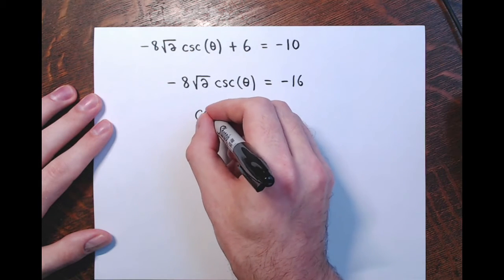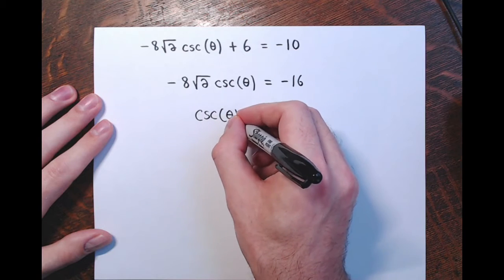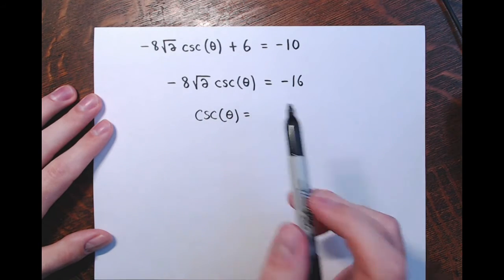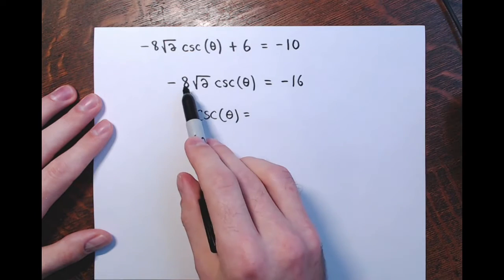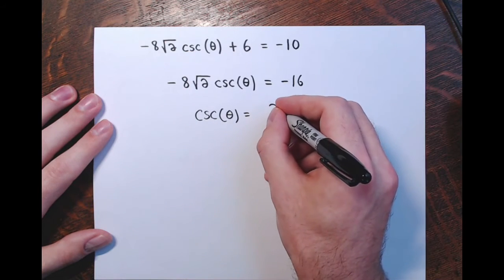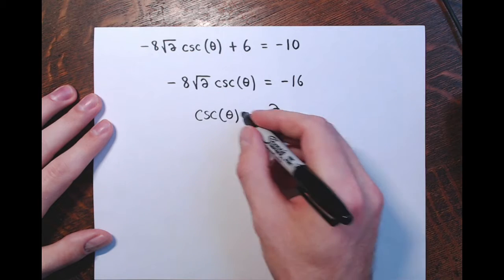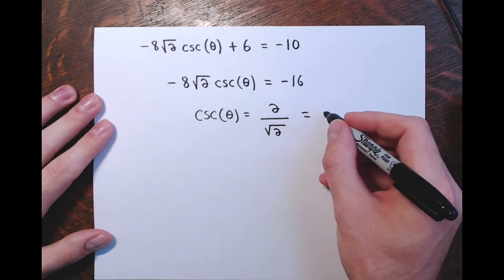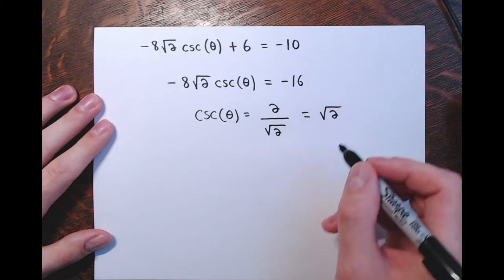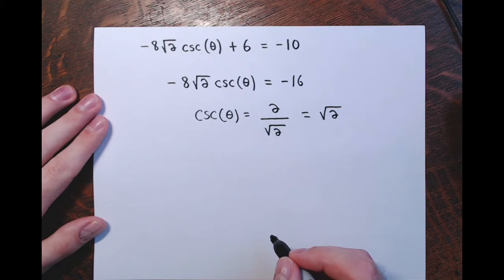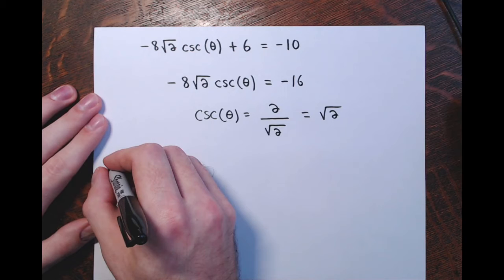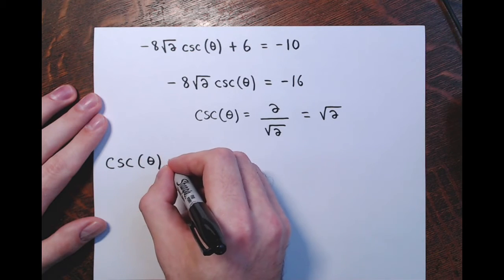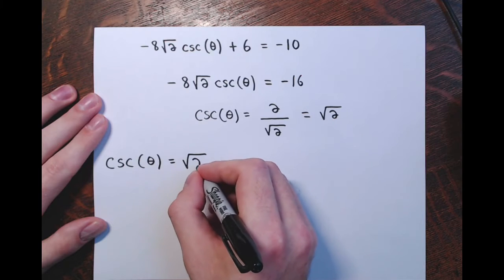So then we'd have the cosecant of theta equals, now a negative divided by a negative will be a positive, 16, 8 goes into 16 twice, so I'd have 2 in the numerator, and you still have this square root of 2 in the denominator, and 2 divided by the square root of 2 is simply the square root of 2. So the cosecant of theta is equal to the square root of 2.